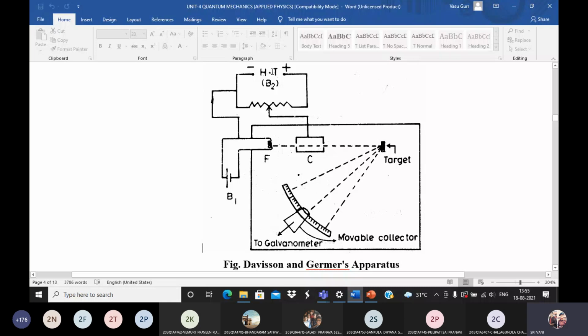Here we can measure the intensity of the electrons with the help of the collector present in the diagram. Observe there is a movable collector. With the help of that, we can measure the intensity of the electron beam. In the experiment, the collector is connected to the galvanometer to observe the deflections.